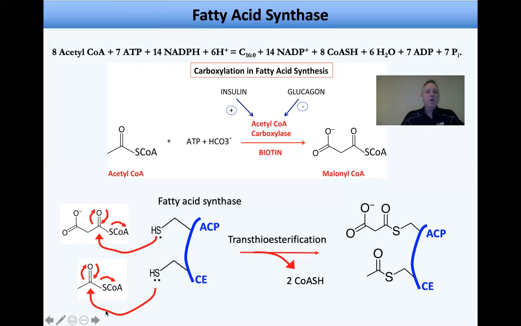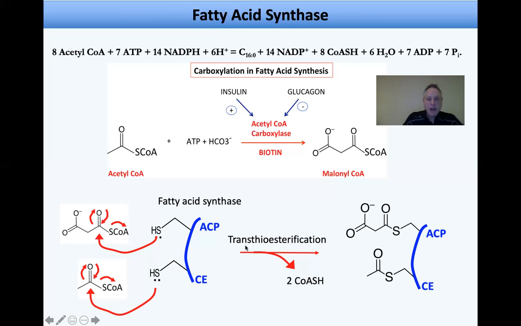So what we're going to do now is look at fatty acid synthesis from the perspective of organic chemistry. And I would argue this is a pretty high yield way to look at organic chemistry because it has a biological relevance to an important pathway. So what we do is we attack the electrophilic carbon, make a tetrahedral intermediate, it collapses, and we release free coenzyme A. And an analogous reaction happens with the condensing enzyme with acetyl-CoA.